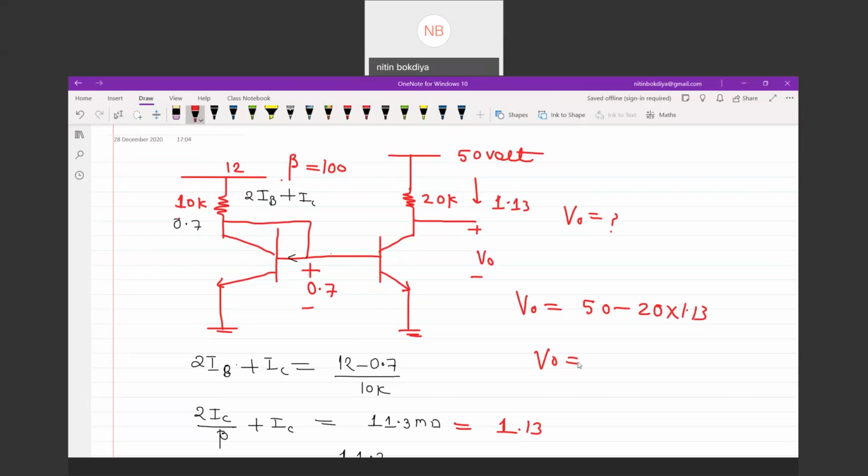So we can say 50 minus 22.6, and which can be written as minus 27.4.